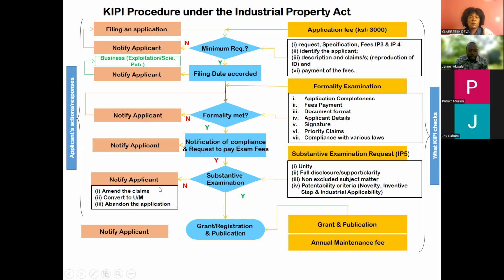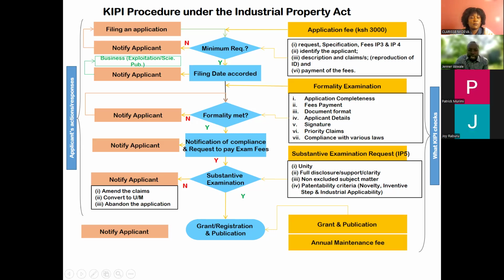And of course, after substantive examination has been done, you will be notified to amend the claims. If the claims cannot be amended, and you're feeling your invention is good, you can convert it to a utility model.